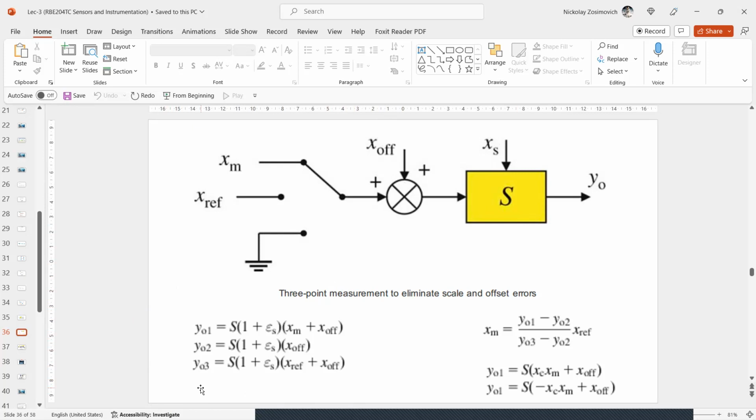The method requires a reference of the measurand type as well as the possibility to completely isolate the input from the measurand to find the offset error contribution. For most electrical quantities, like voltage, capacitance, and resistance, this is quite an easy task.